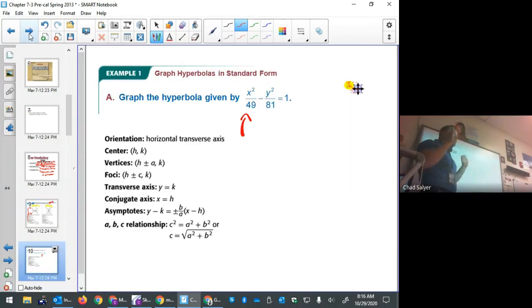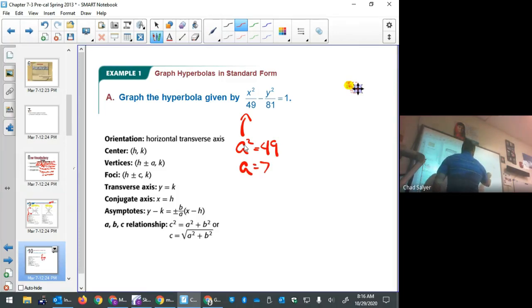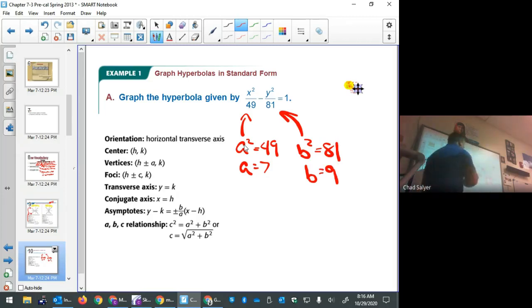So if it's in standard form, it's always going to be the first one listed. So a squared equals 49 and a equals 7. And the b is going to be the denominator of the negative term. B squared, rather. Like so. So I've got a and b.